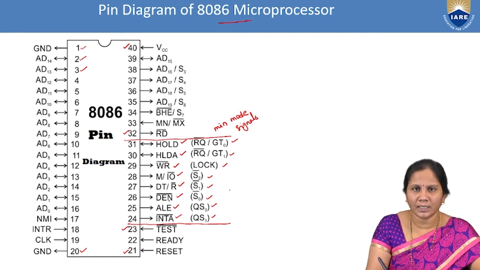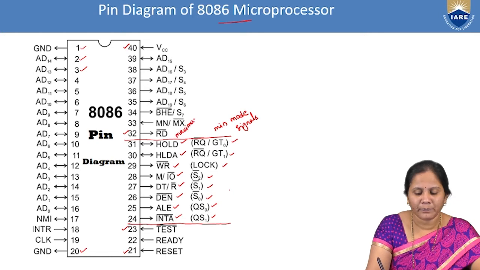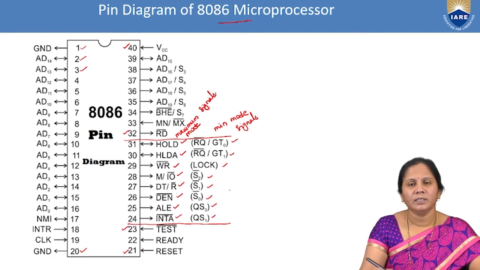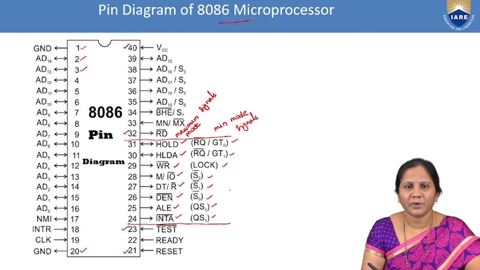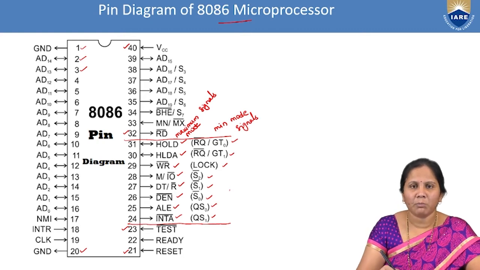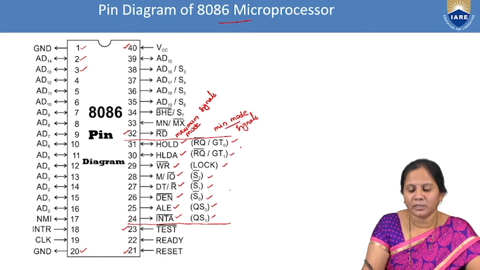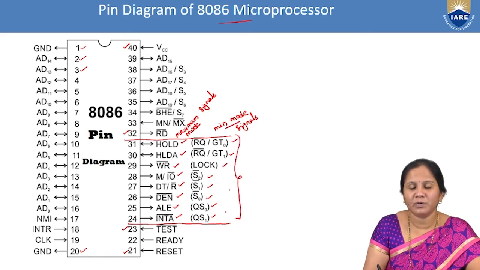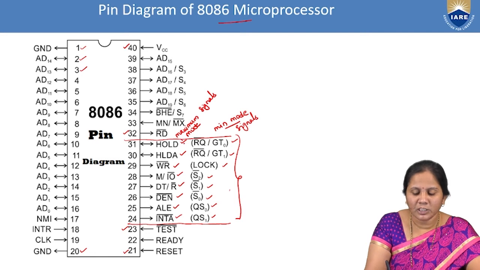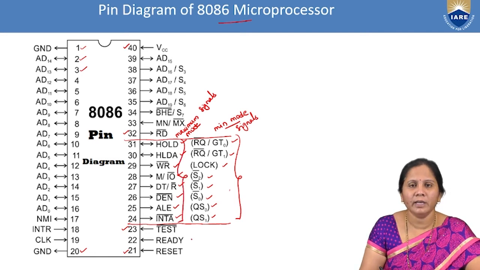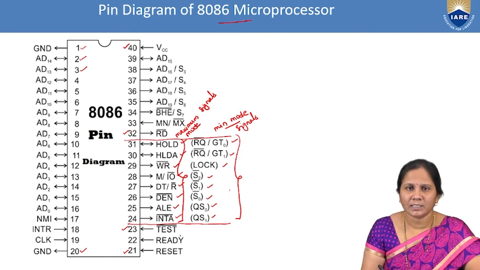All these signals are called maximum mode signals. Okay, so totally all the pins are classified into three types: the pins that have common function in the minimum mode and maximum mode, the pins that have different function in the minimum mode, and the pins that have different function in the maximum mode. Now we will discuss all these signals.